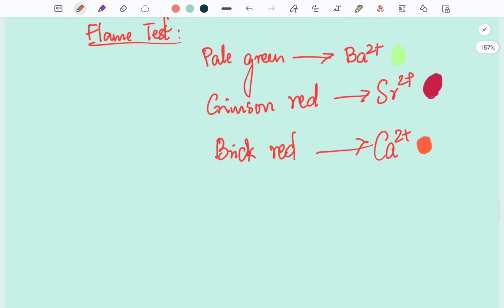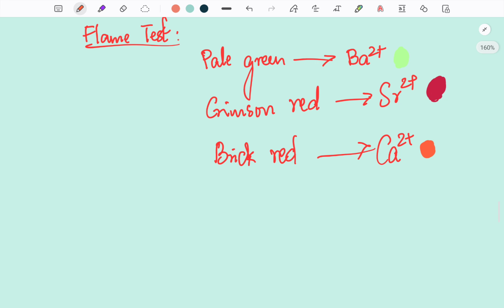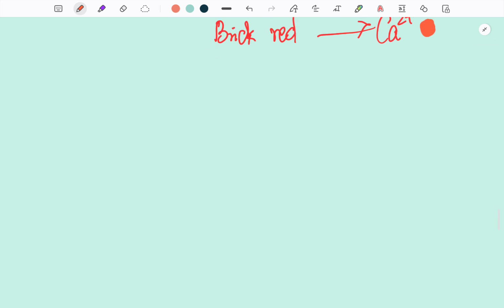Now let's discuss the other tests. Now the confirmatory test that you need to perform involves the precipitate. And if you remember in the identification test, I told you we need to identify the cation by performing the confirmatory test because all the precipitates are white in color. So now we need to take the precipitate and dissolve it in a solvent. And the solvent that we use here is acetic acid.